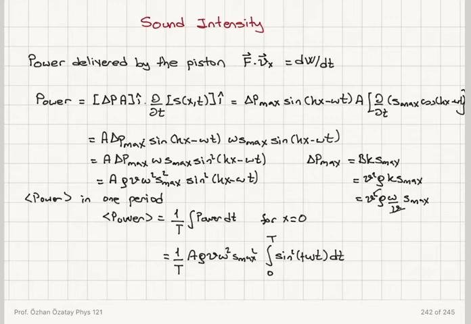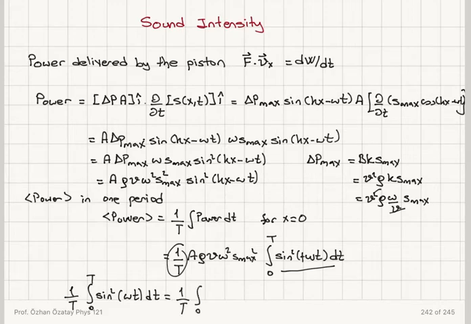So I can just replace this minus with plus, because sine of minus omega t is minus sine omega t, but its square will give me the same answer. So this part we can evaluate separately. 1 over the period integral from 0 to T sine squared omega t dt is 1 over the period integral from 0 to T of (1 minus cosine 2 omega t) over 2 dt.